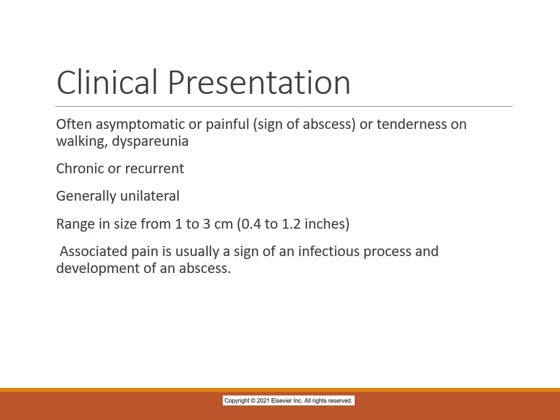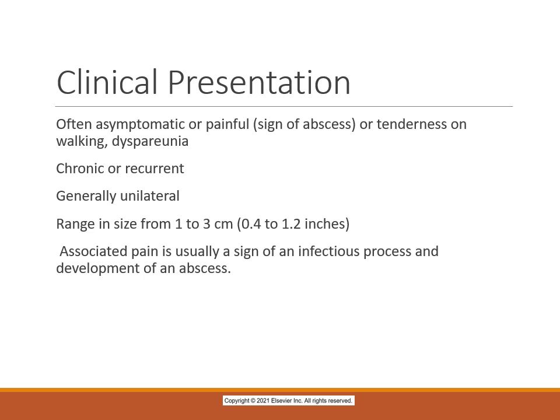It can be asymmetric, but usually when you see them in your office, they're complaining of significant pain. Pain gets even worse when it becomes an abscess, so there's tenderness upon palpation on your exam. They may say it hurts to walk, and there might be dyspareunia present. It may be a chronic or recurrent problem.